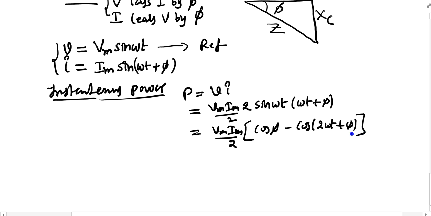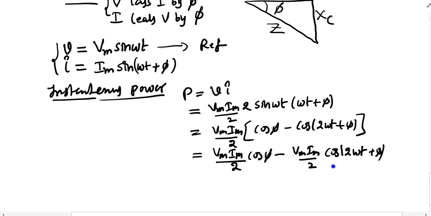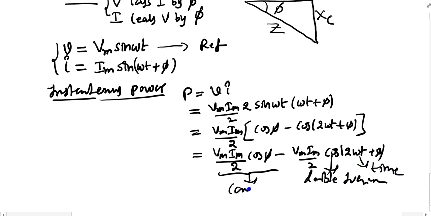If you don't remember these trigonometrical formulas, try to recall all the trigonometrical concepts again. So Vm Im by 2 cos phi, and this is Vm Im by 2 cos(2 omega t plus phi). Again it is double the frequency, and this varies with respect to time, but the first term is nothing but a constant term. It does not vary with time, it's a constant term.